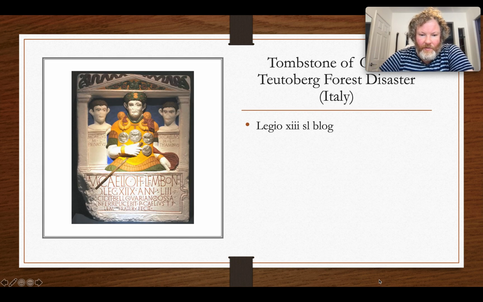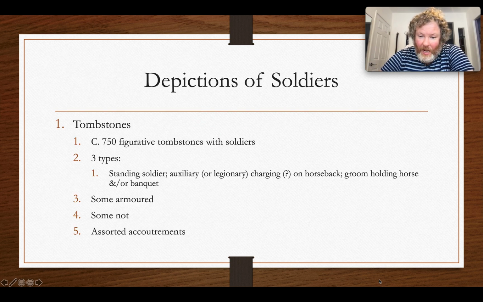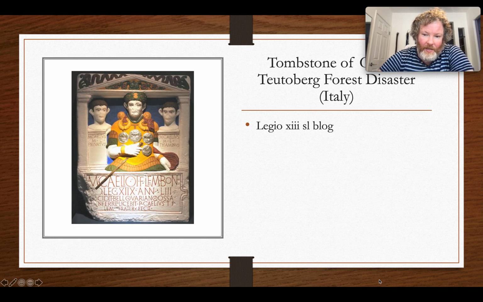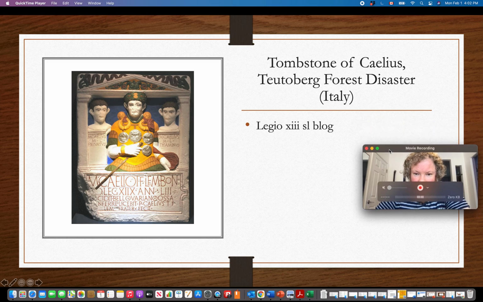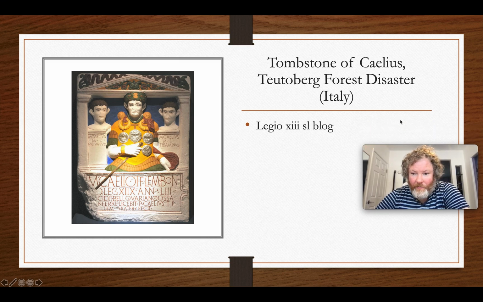Here is one of the standing soldiers with varied accoutrement. This is a tombstone recreated from Caelius, who died in the Teutoburg Forest disaster in 9 CE, the Legio. There you can see the main inscription part of the tombstone, with a bit about the name and the career, the lives.